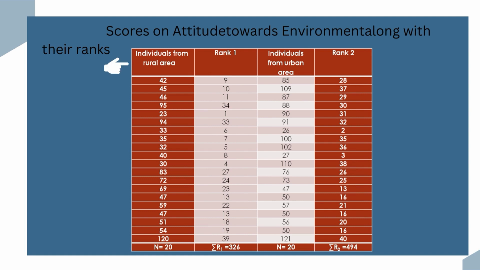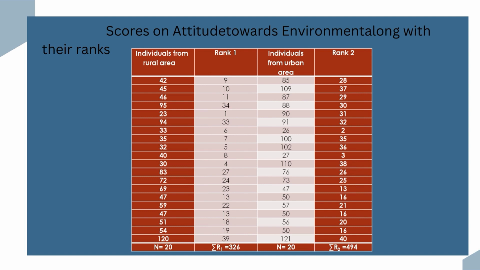Individuals from the rural area are in the first section, and in the next column the ranks are given, and in the next column individuals from the urban area. This is sample number 2, and for the scores of sample number 2 ranks are also assigned here, and similar procedures have been followed as we have discussed earlier. So, the same procedure has been followed here.